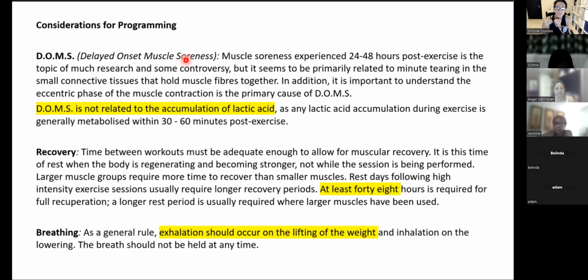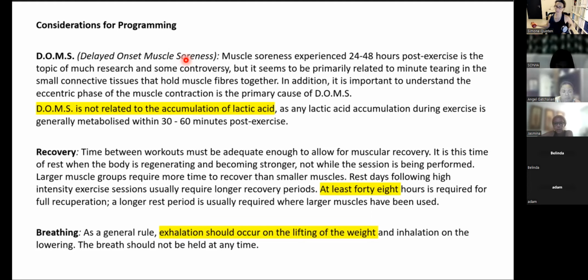So lactic acid happens with weight training, and it also happens when you're doing anaerobic HIIT training, for example, or sprints. Both of them, of course, need energy.